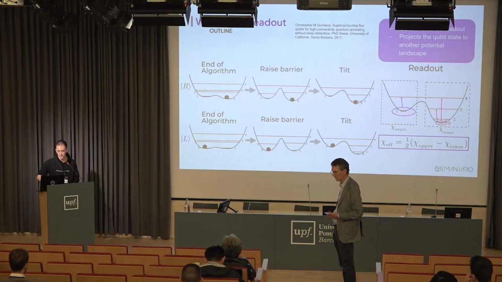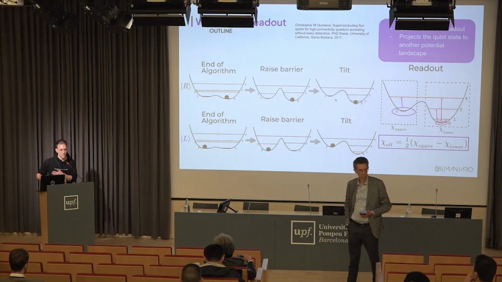We're still studying the dynamics, but you have to find ranges of time, or how strong or fast your pulses have to be, so that you are allowed to do this before you have decay from here to here. The thing I did not mention is that this step, when you tilt, has to be non-adiabatic, because if you're adiabatic, you'll always stay in the ground state, so you will never have population here.